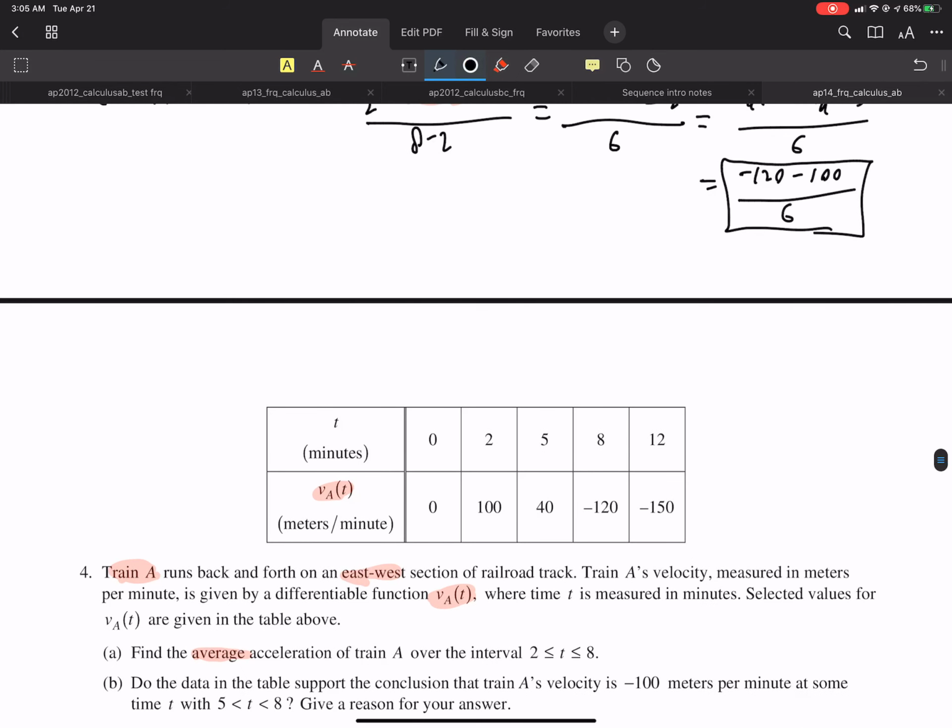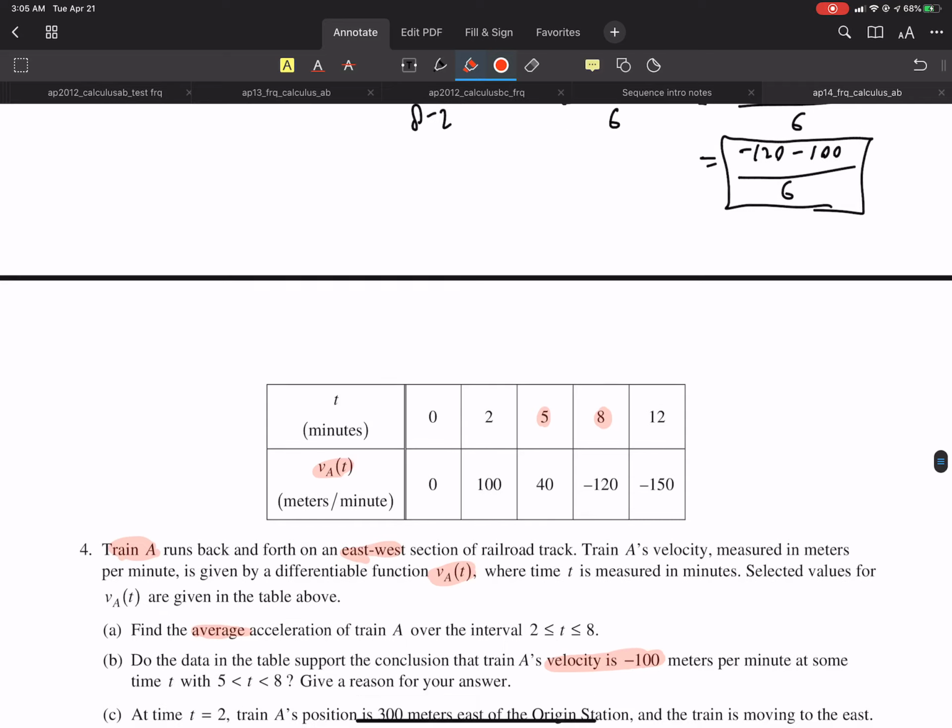B, do the data in the table support the conclusion that train A's velocity is negative 100 meters per minute at some time t between 5 and 8? So here's 5, here's 8. You want the velocity to be negative 100. So again, when you have a data table problem, your theorems will come into play. Intermediate value theorem, extreme value theorem, and mean value theorem. You've got to know those.